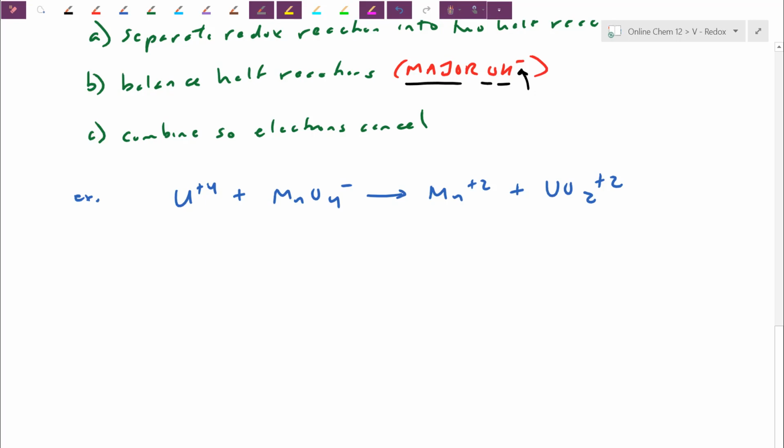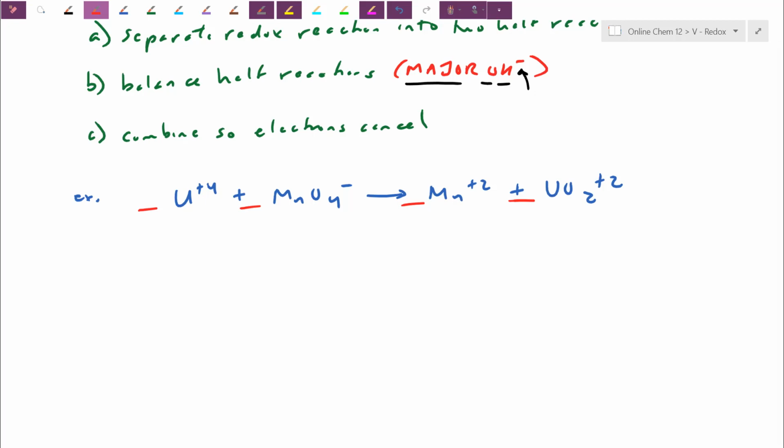Unless they really are looking for the coefficients, I can more easily just go, well, uranium here is going from a plus 4, the oxidation state over here is sort of like a plus 6, going from 4 to 6 is an oxidation. I can identify who is oxidized and reduced, just like we practiced earlier. I only do this balancing if they actually want to know what coefficients make sure all the atoms are accounted for and all the charges are accounted for.